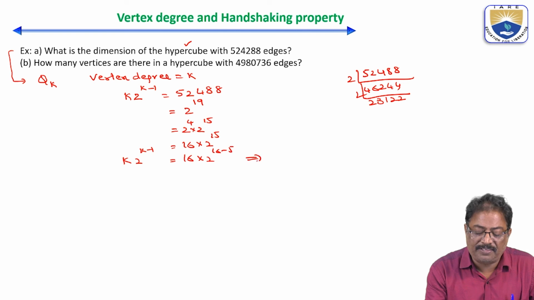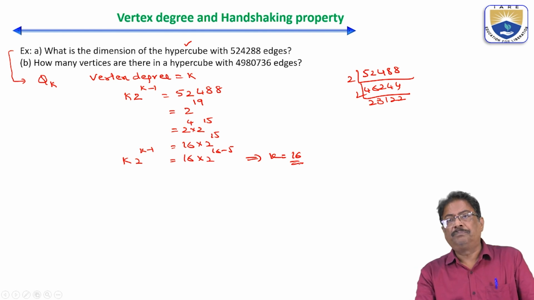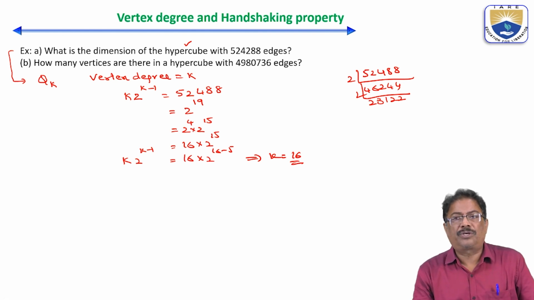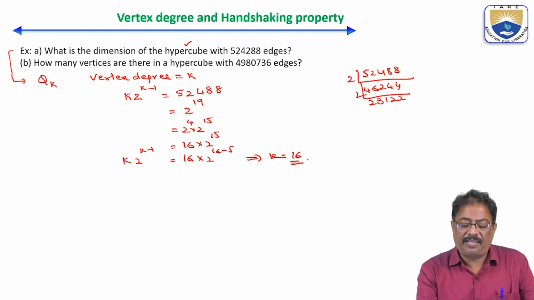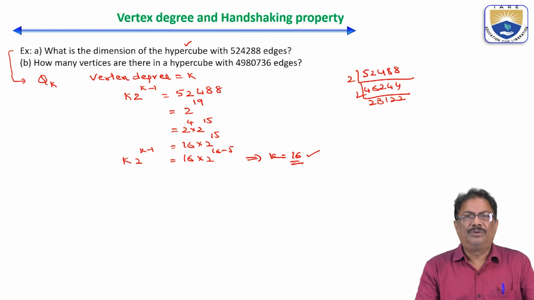So from this I can say that k is equal to 16. What is the dimension? This is nothing but 16. The dimension is k, and k is equal to 16. We are just going to find the order.